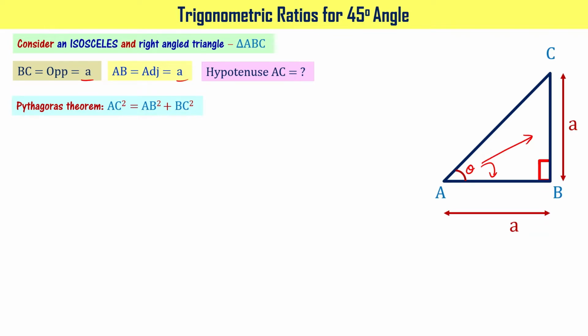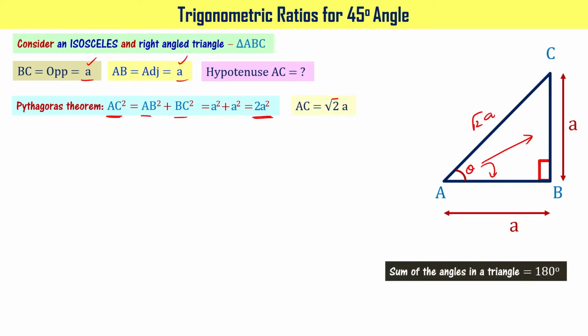It means AC square, that is hypotenuse square, equal to AB square plus BC square, right? We know the values of BC and AB. Let's substitute. So that AC square is going to be equal to 2A square, right? So AC is going to be square root of 2A square, okay? Then I can write it as AC equal to square root of 2 times A, right? Now we know the value of AC also, square root of 2 times A.